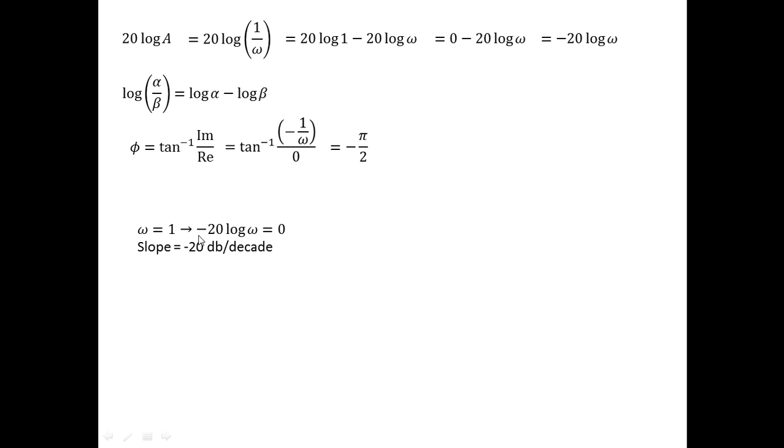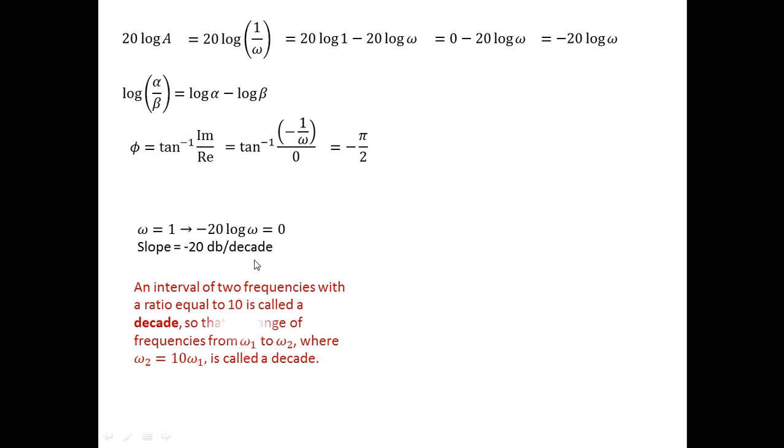And I have the slope of minus 20, which means that I have minus 20 decibels per decade. It's worth defining a decade. An interval of two frequencies with a ratio equal to 10 is called a decade, so the range of frequencies from omega 1 to omega 2, where omega 2 is 10 omega 1, is called a decade.